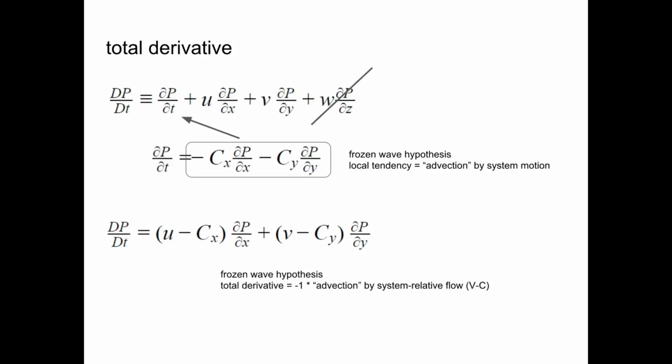When we think of advection, it's usually minus u dp/dx minus v dp/dy. So we're really multiplying that by -1 here to approximate the total derivative. Okay, so when we think of advection, when we use the NMAP2 to come up with numerical values of advection, we're really looking at minus V dot del P in this case. And so we have to multiply that again by -1 to get this value.